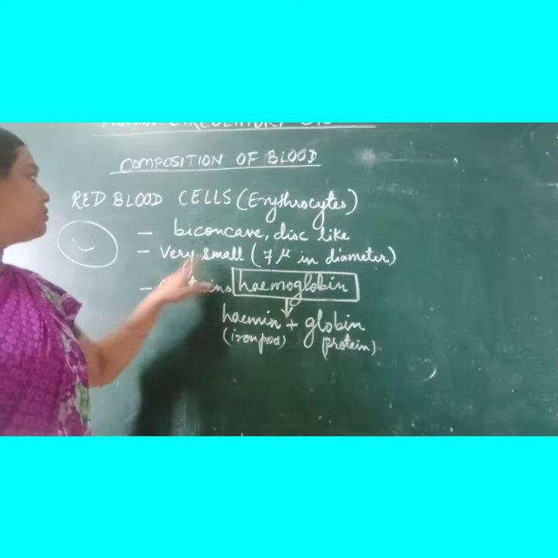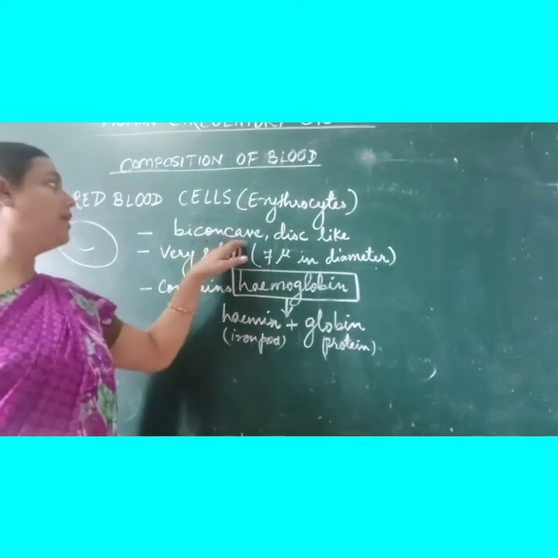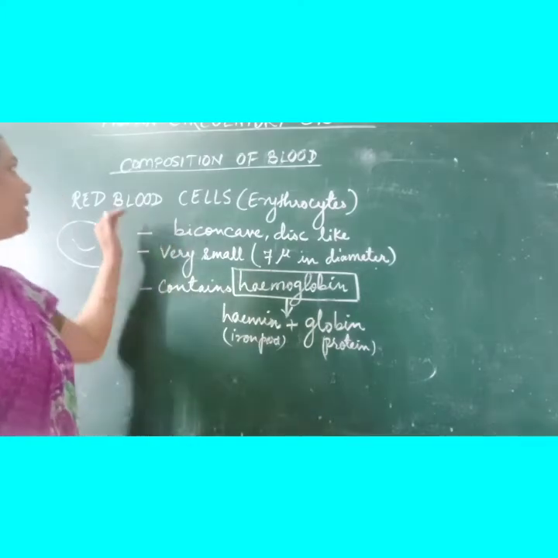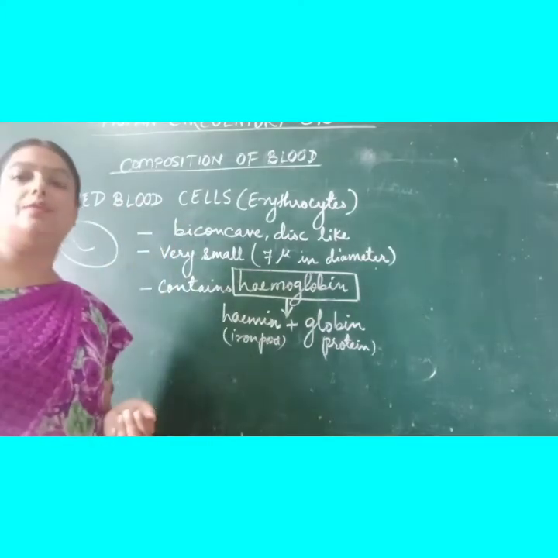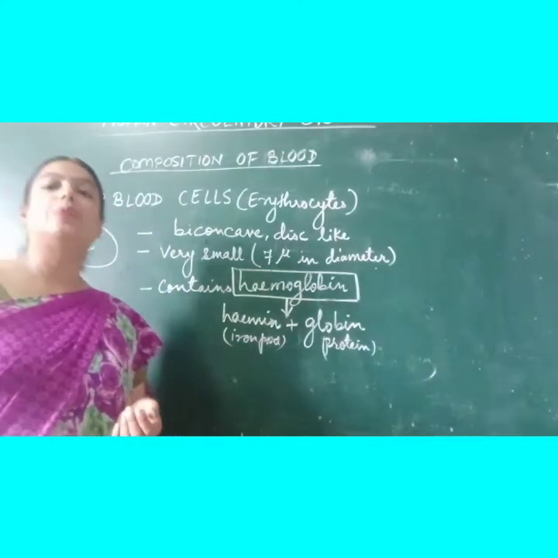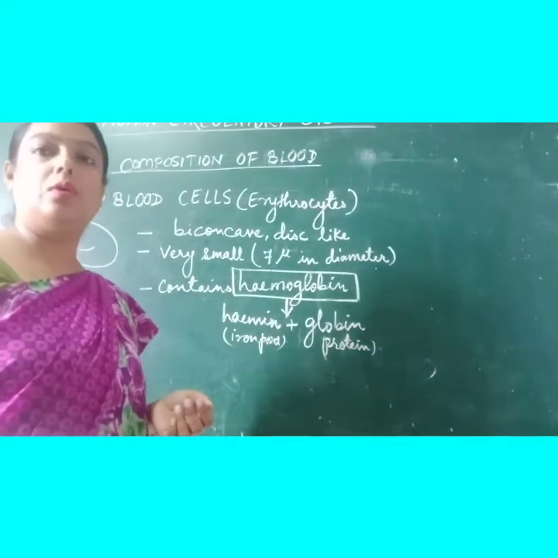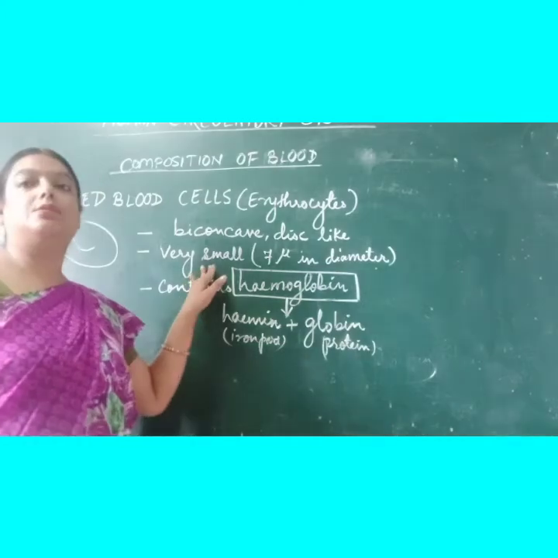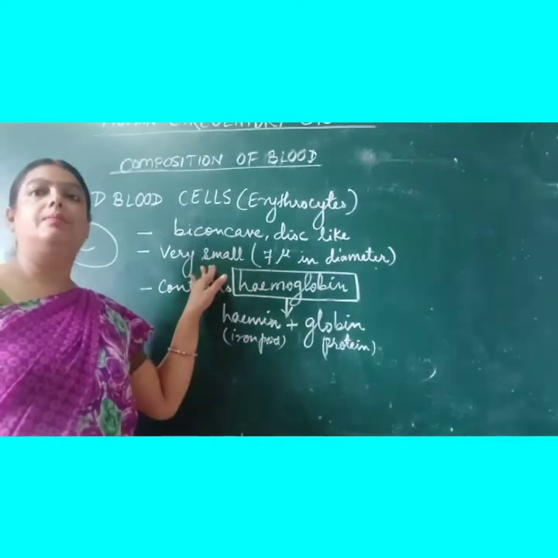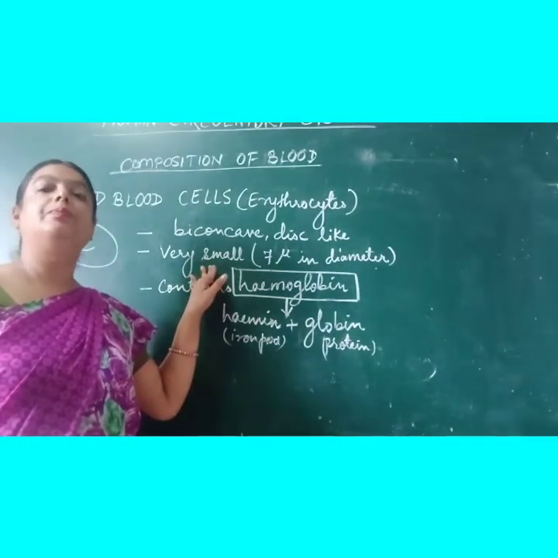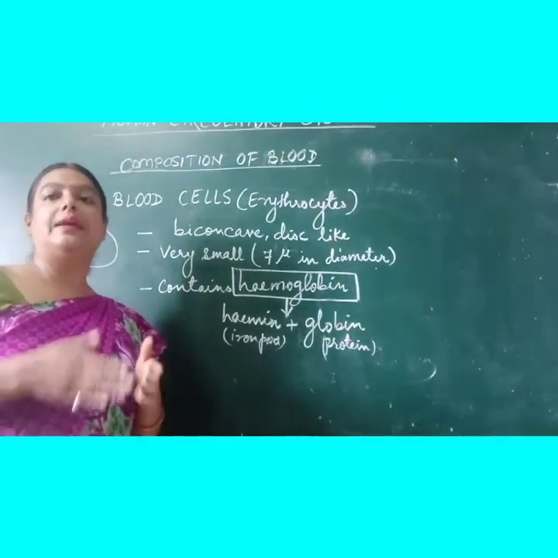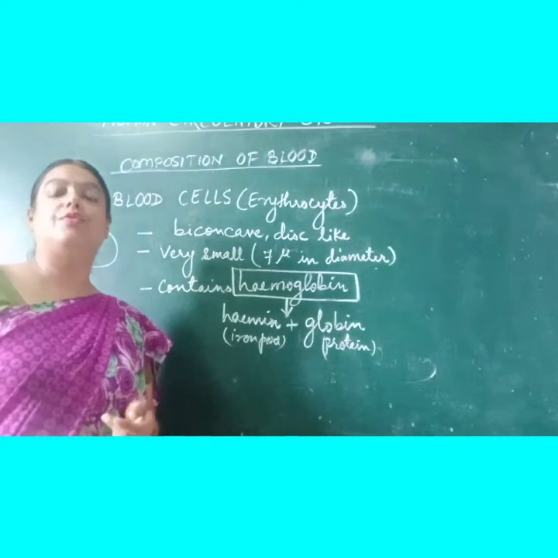Children, this small size and biconcavity play a very important role and make the red blood cell efficient enough to absorb more and more oxygen. Small size also makes RBC able to travel through fine capillaries.